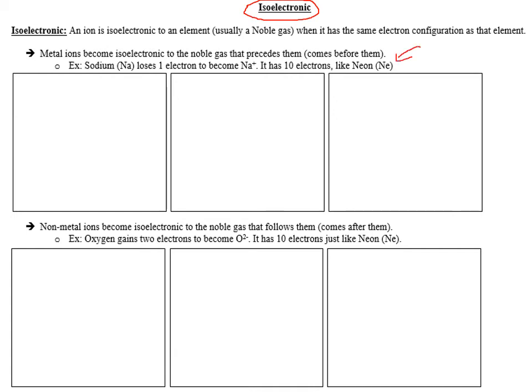So let's take a look over here. We know that sodium has 11 electrons, so there's 11 protons. I'm going to leave neutrons out right now just to focus on protons and electrons at the moment, and 11 electrons. So this is just the regular sodium, uncharged neutral sodium.